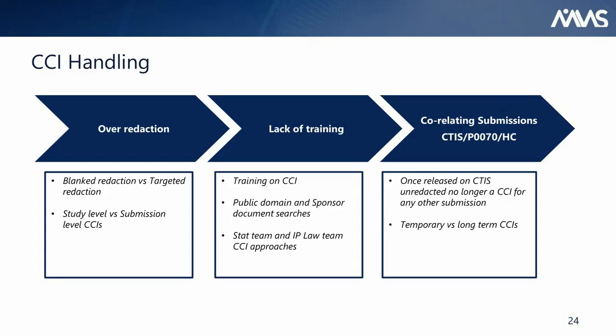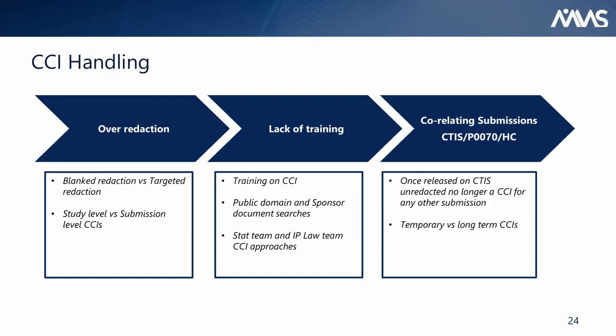Another challenging aspect, as we mentioned earlier, can be how to best handle this redaction of CCI. It's only natural to want to protect as much data utility as possible. However, one of the most common pitfalls we see pertaining to CCI is over-redaction. Many sponsors choose to blanket entire sentences, paragraphs, tables, figures, and entire sections within their data.